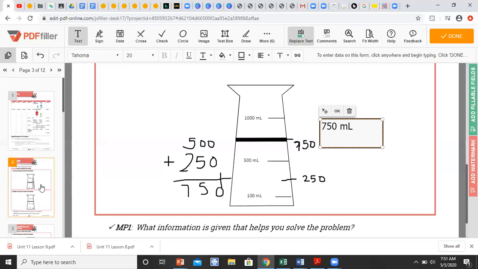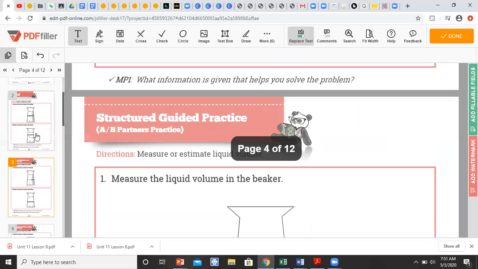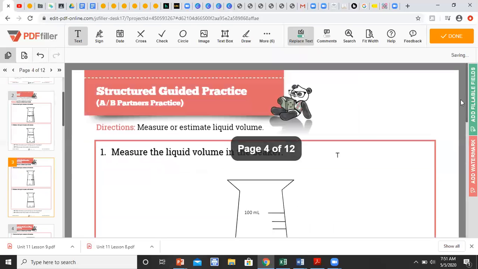Okay, let's go to student guided practice now. Now remember, these are the ones that are going to be in your book.